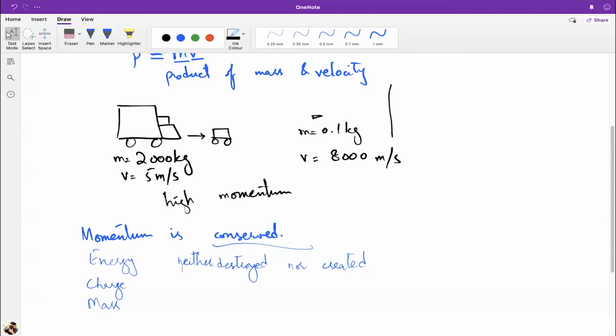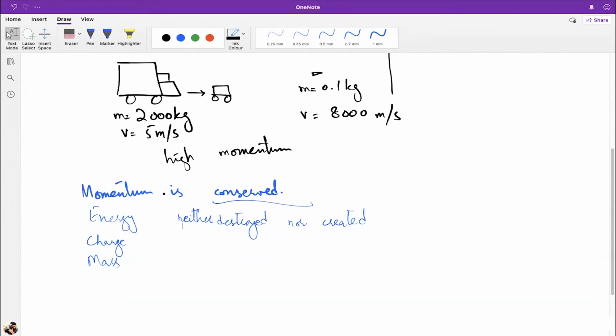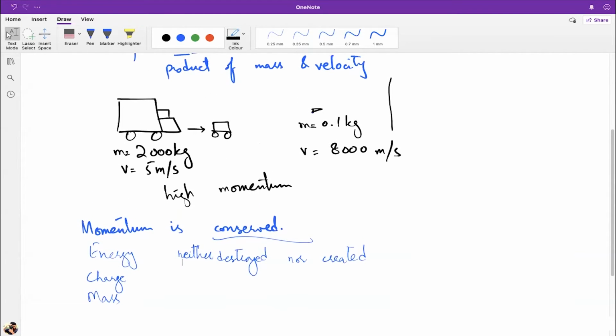For example, in this case, it's the energy of the fuel that's causing the engine to move, and that's why the truck is moving. So there is momentum being transferred to the truck because of the effect of the engine. Similarly, when this bullet is fired from a pistol, the pistol has a mechanism in it where a very high or strong force affects the bullet, and that force has some momentum that it transfers to it.